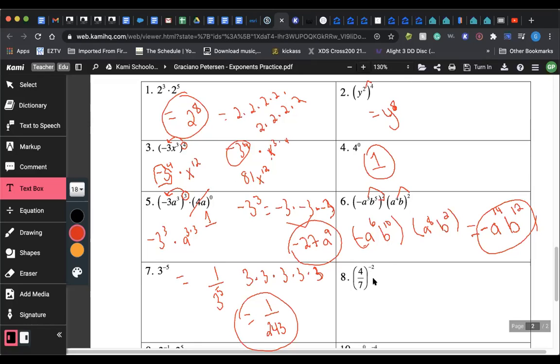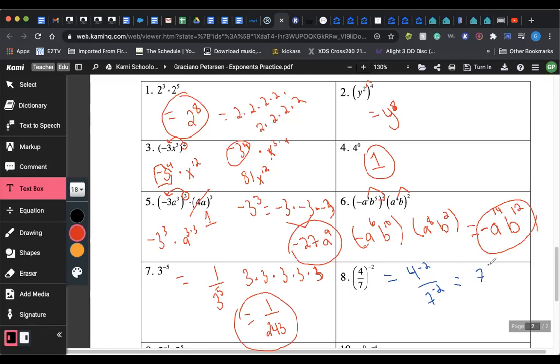Okay, so yes, I heard you simplifying it to make sure that you have 4 to the negative 2 over 7 to the negative 2. That's good. Right here is where you should flip it. The reason is because if you try to square it already, you're losing the fact that your negative is no longer there. So you have to flip it first.